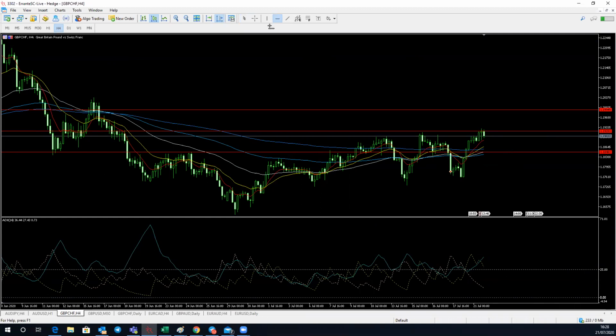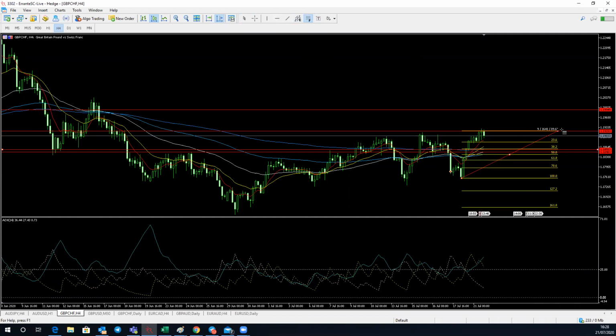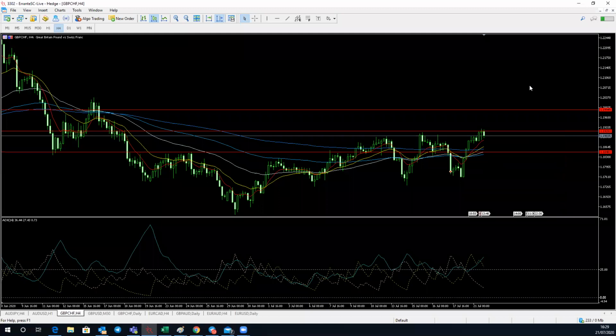Let's see on this one here. If I were to take the Fibonacci to the upside, around this area, 1.1820 to 1.1850, potentially some correction there.